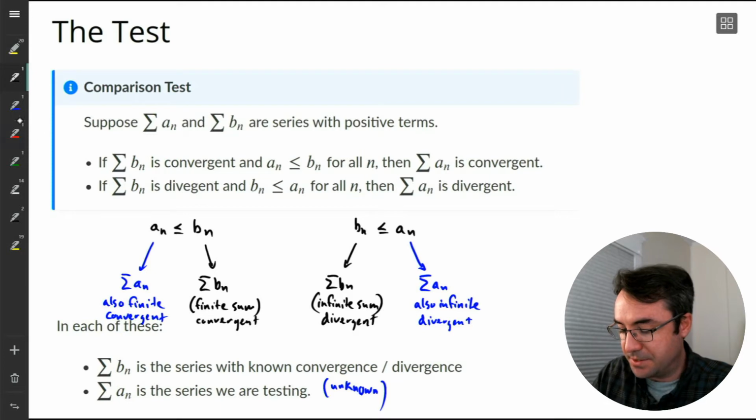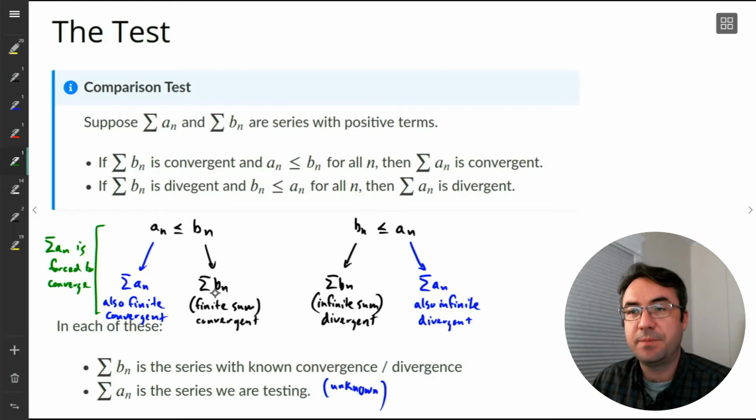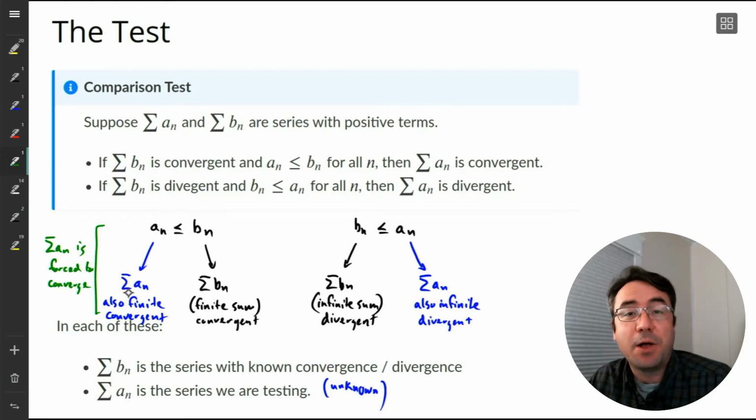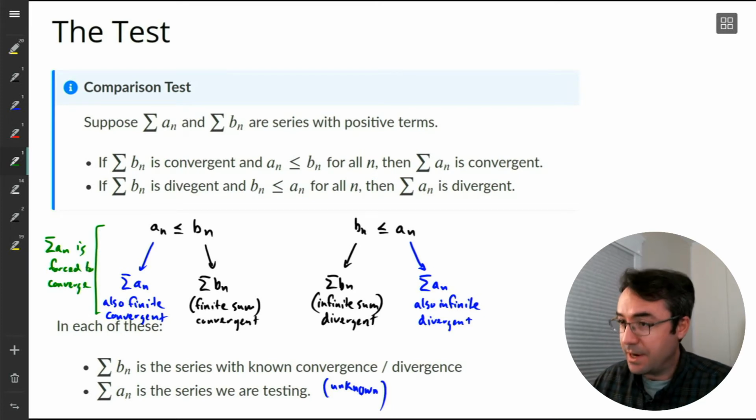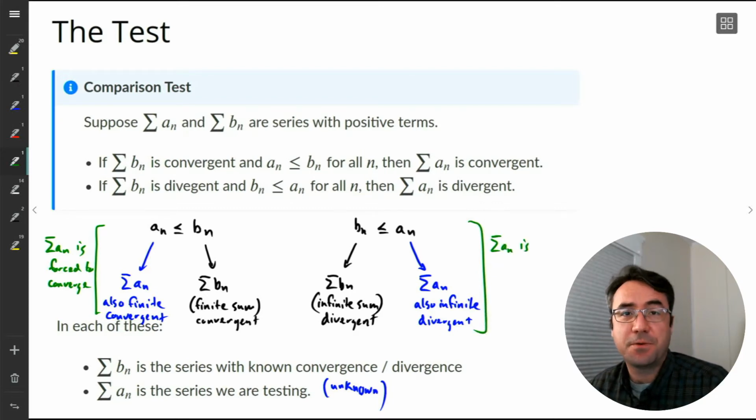So we can think of, in this case, sigma an is forced to converge. So these sigma bn terms are converging. It converges to a finite sum. bn is bigger than an, so adding up smaller terms must also give us a finite sum. So sigma an is forced to converge, whereas over here, sigma an is kind of forced to diverge.